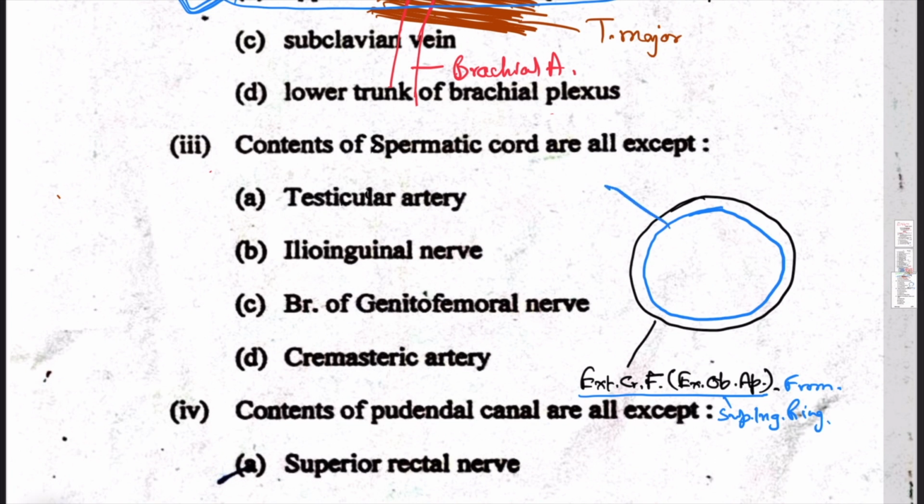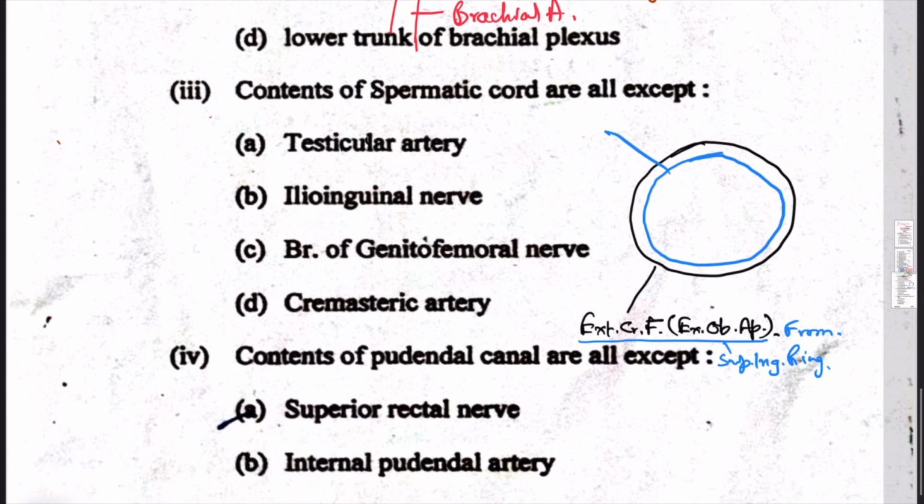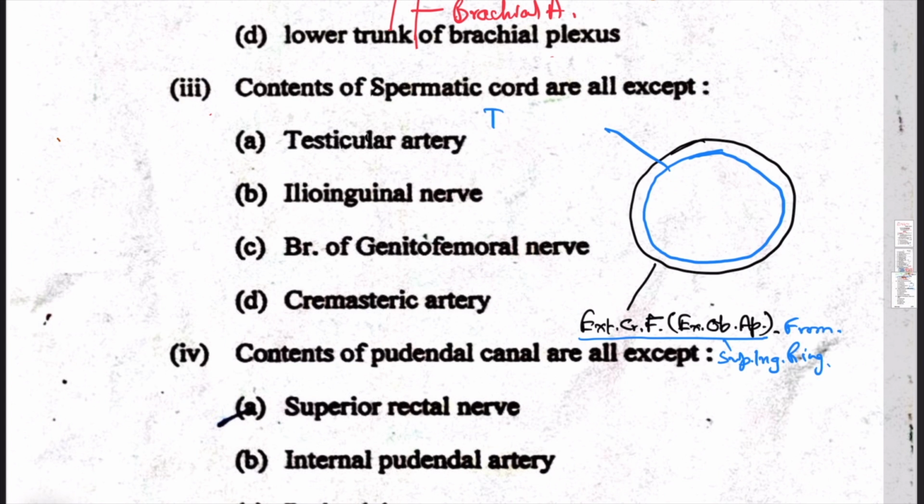Now what you're seeing here is the internal cremasteric fascia. Internal cremasteric fascia is actually an extension of the fascia transversalis. Remember, fascia transversalis is deeper to the transversus abdominis, and it comes right from the deep inguinal ring.